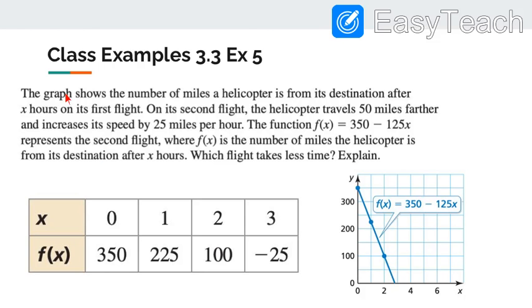One way to solve this one is to graph it. You can just simply graph and say, okay, at 0 we're 50 miles further, so we're going to be a little bit further away. Then instead of going 100 miles an hour, it's going to be 25 miles an hour faster. So each hour it's going to go down 125.